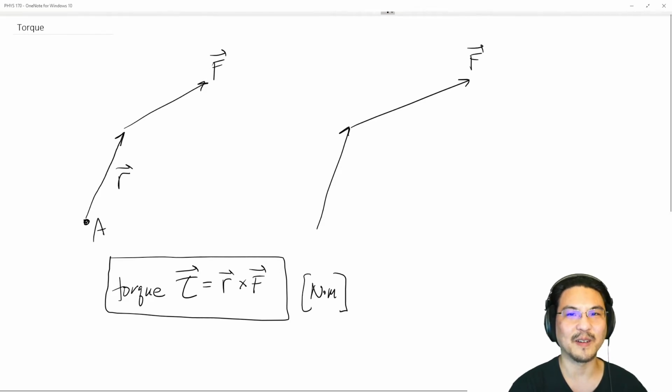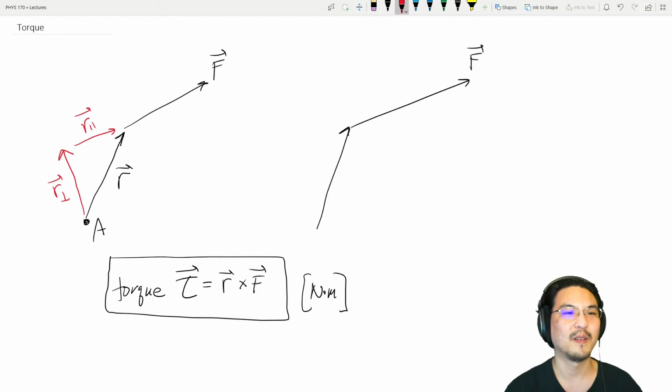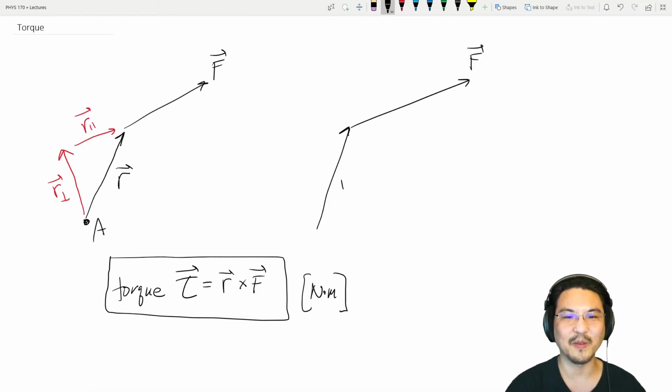So I'm going to decompose vector R into one part perpendicular to force F and one part parallel to force F. Or, in this other example over here, let me decompose the force F into two components. One component parallel to R, one component perpendicular to R.